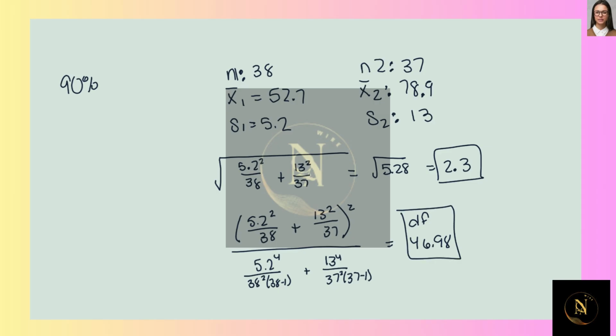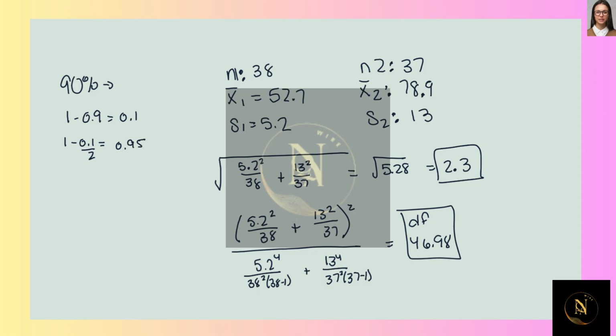Then the next thing you are going to do is calculate your significance level. So 90%, you're going to do 1 minus 0.9 equals 0.1. Then you are going to take 1 minus 0.1, divided by 2, which equals 0.95.